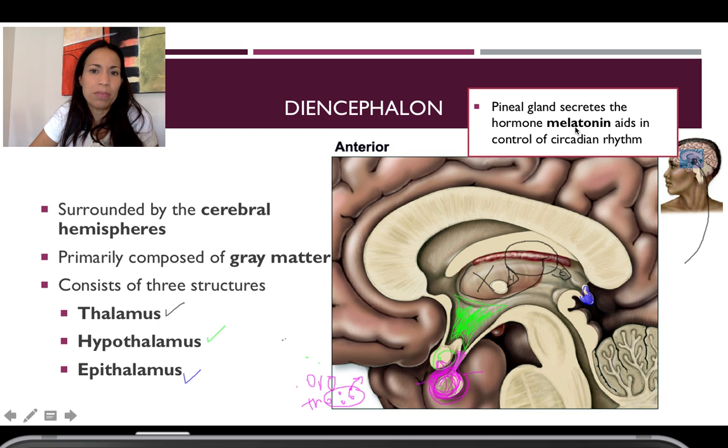Melatonin has a pattern of secretion that changes throughout life. When we were little babies, the peak or the highest levels of melatonin are secreted about 7 or 8 p.m. at night. So that's why most of the babies at that time are wasted and fall asleep very easily.